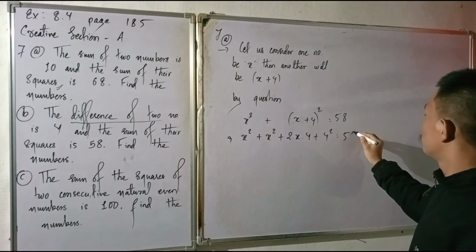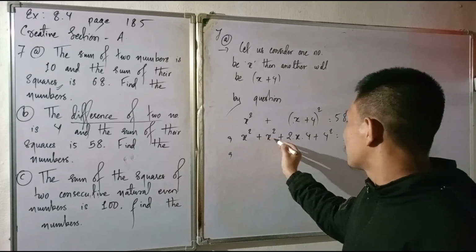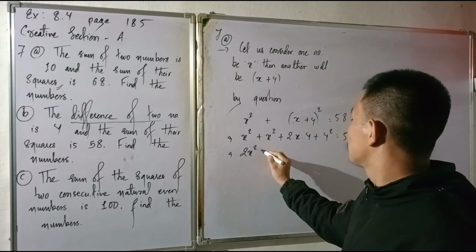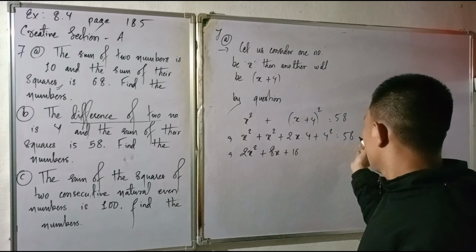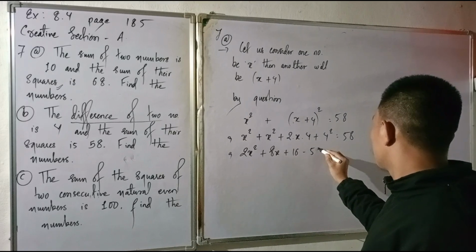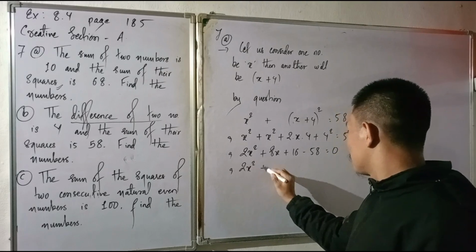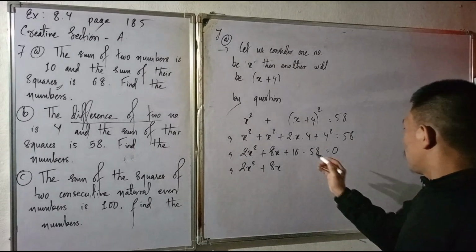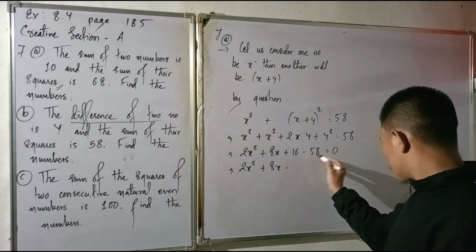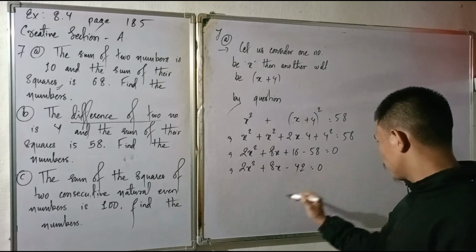Actually I could write it directly as 16. So 2x squared plus 8x plus 16 equals 58. Move it to the left hand side: 2x squared plus 8x, and 58 minus 16 is 42, equals 0.